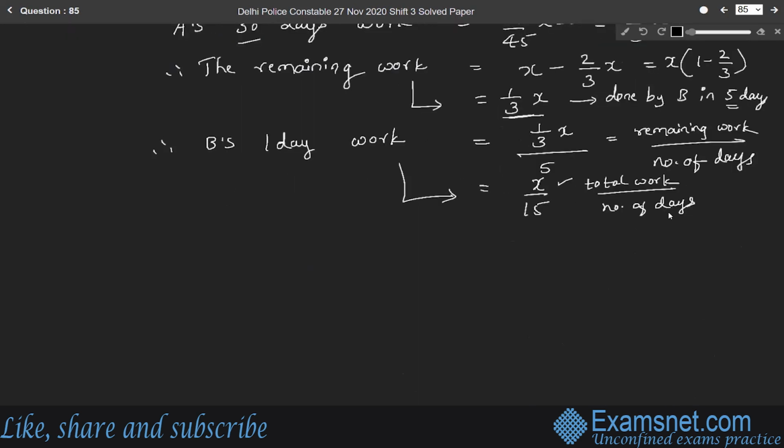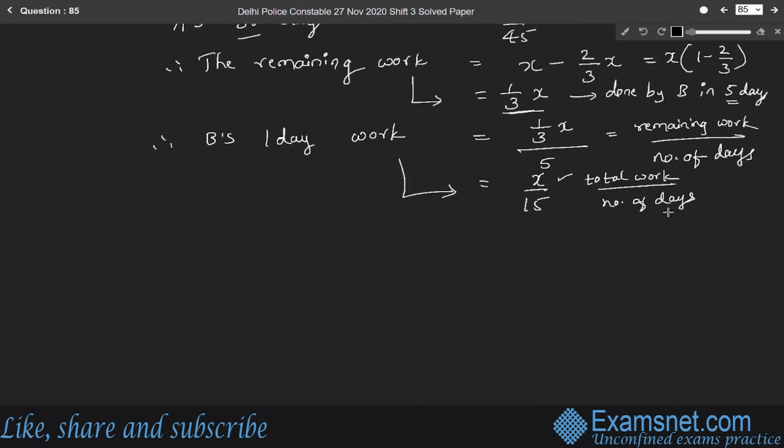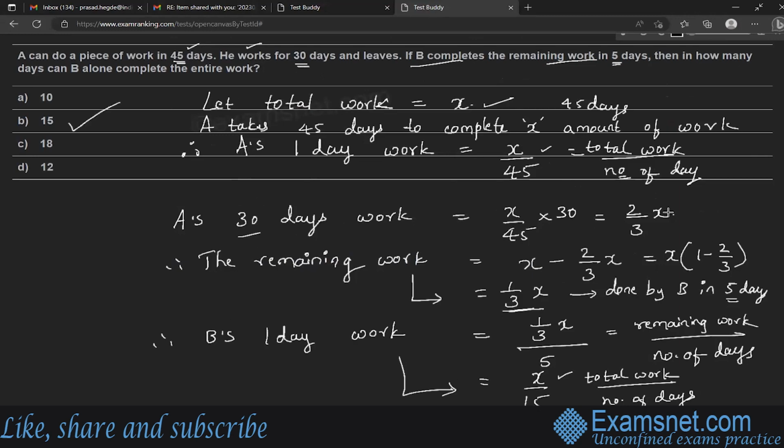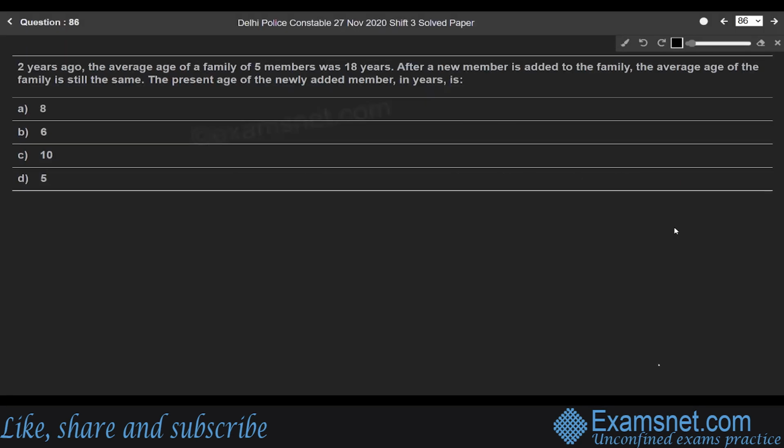So therefore, B takes 15 days to complete what amount of work? 1 by 3X amount of work. Therefore, the answer is option B, 15.